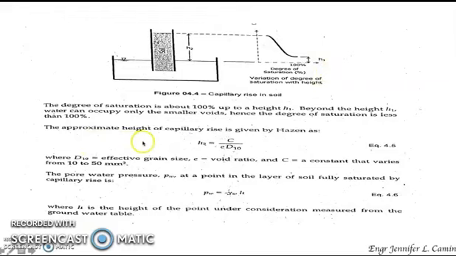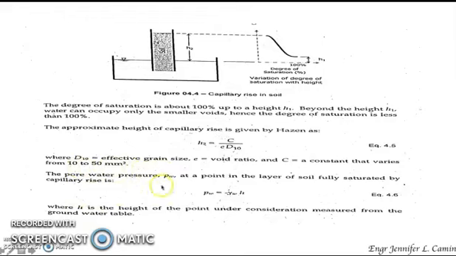The approximate height of capillary rise is given by the Hazen formula. That is the approximate height of the capillary rise, where D10 is the effective grain size, e is the void ratio, and C is a constant that varies from 10 to 50 mm squared.